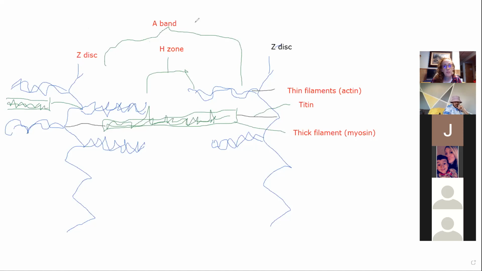This area from right here to right here that is just thin filaments is called the I band. So just thin filaments, called the I band.